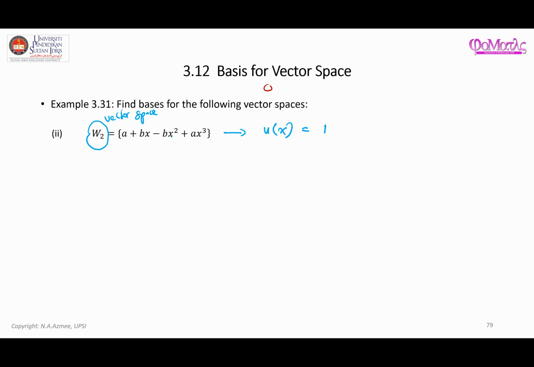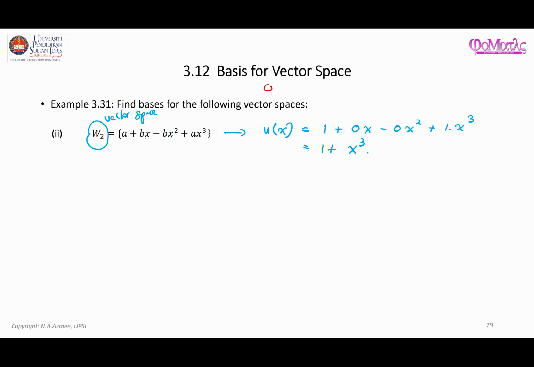So we can have a polynomial function that looks like this: 1 plus 0x minus 0x squared plus 1 times x cubed, which can be reduced to 1 plus x cubed.